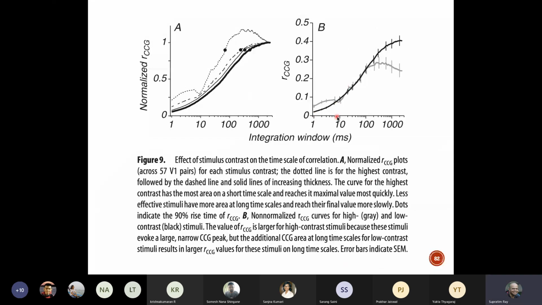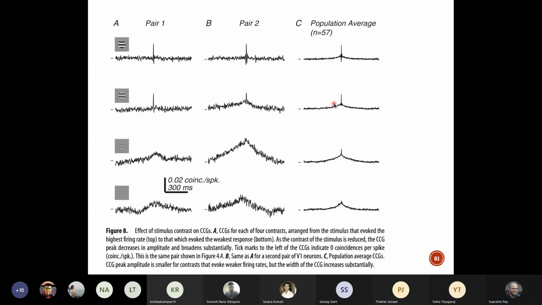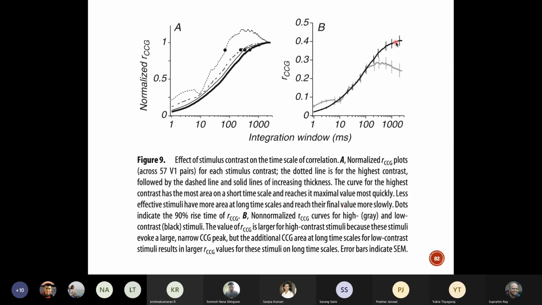If you integrate over a small window, this is the synchrony aspect. Then the higher contrast, shown here in gray, has higher area under the curve than this, but that changes. The lower contrast, because it has this thicker, slow component, the area under this curve is more, you see that here more than this one as you increase the integration window.